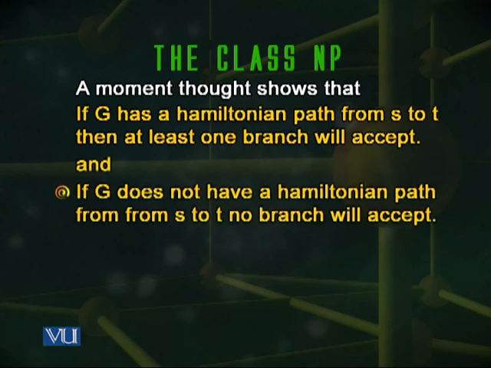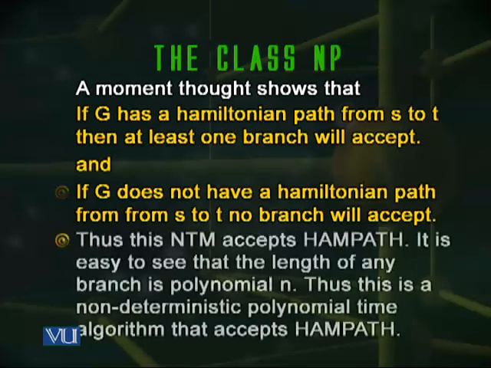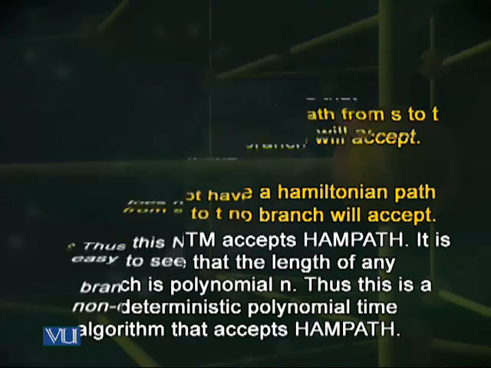And if you give it a graph which does not have a Hamiltonian path from S to T, no branch will accept. Thus, this non-deterministic Turing machine accepts Ham path. It's also easy to see that the length of each branch is polynomial in n, the number of vertices in the graph. Thus, this is a non-deterministic polynomial time algorithm that accepts Ham path.